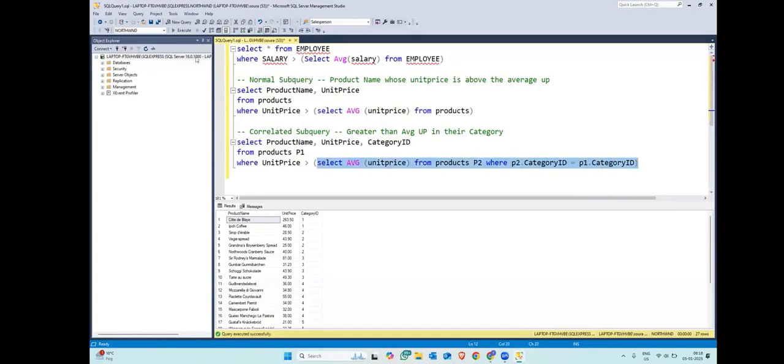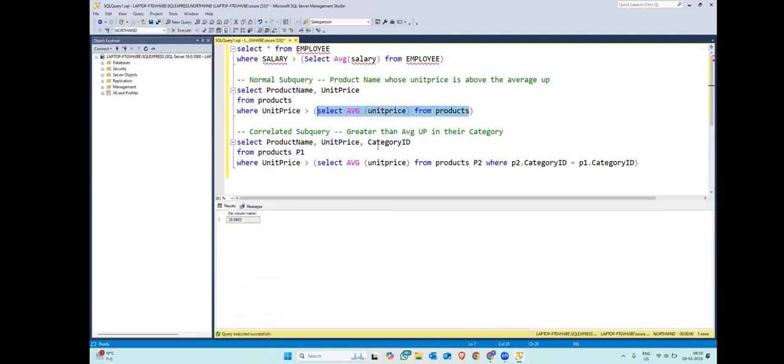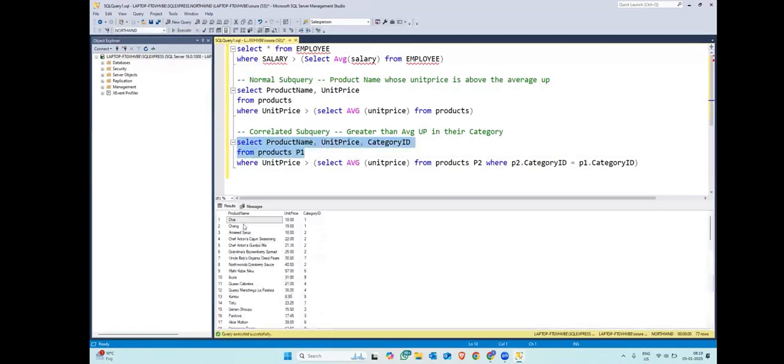If I run this alone, it will throw me an error. See, because P2 dot category, P2 is not there here, and P1 dot category is not there, because it is dependent on the outer query, which was not the case in the normal one.